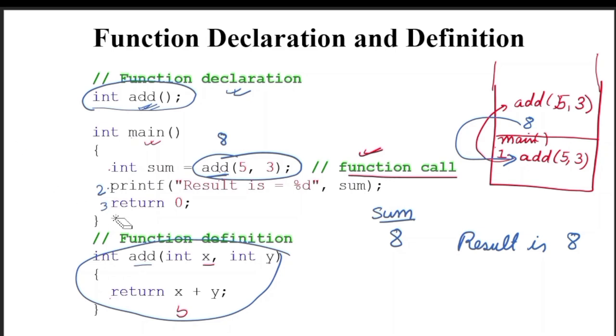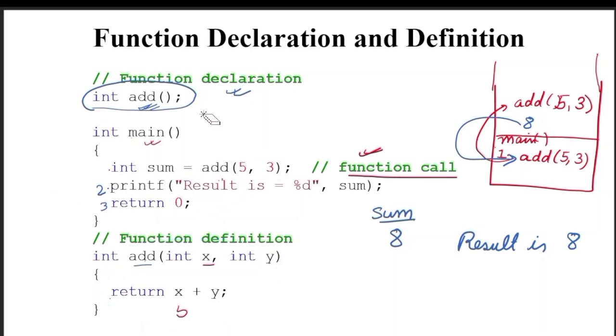Okay. Why do we need to write this function declaration? Because the compiler is going to run line by line. So suppose this line is not present over here. It enters int main and then goes to int sum and it sees add, this function.